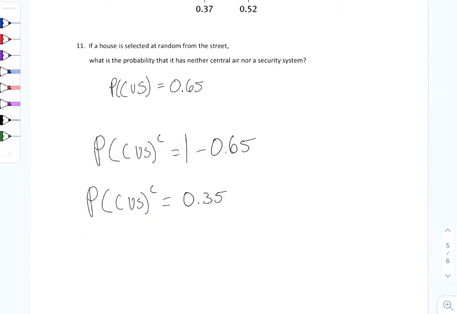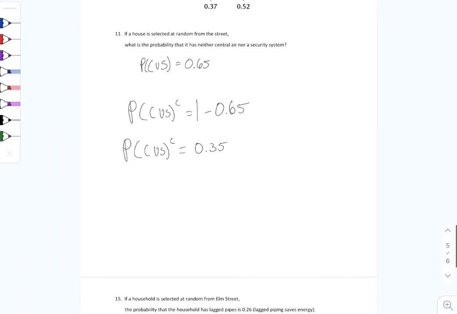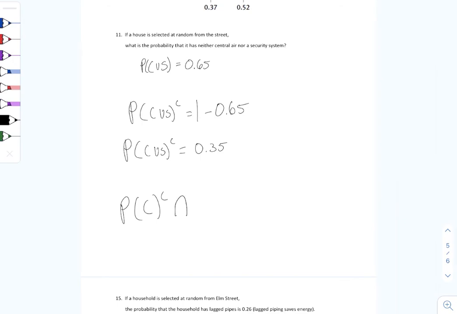Now, this is when probabilities get a little confusing. You could have also written this as the probability that we have no central air and no security system, which would be literally the same thing we just did.